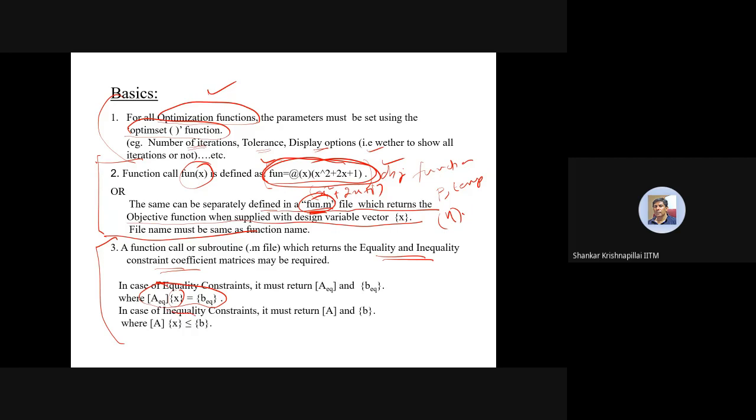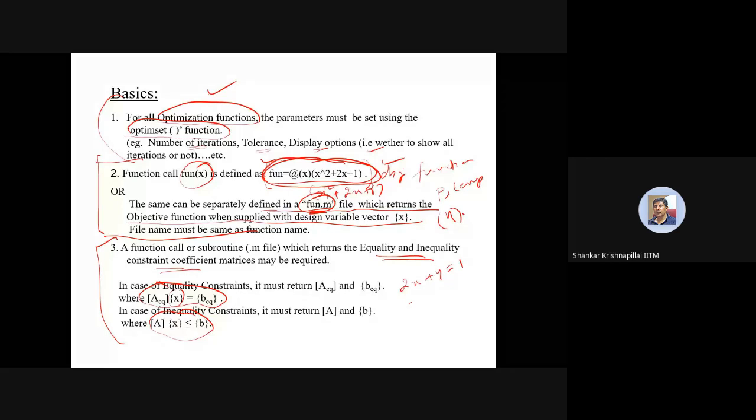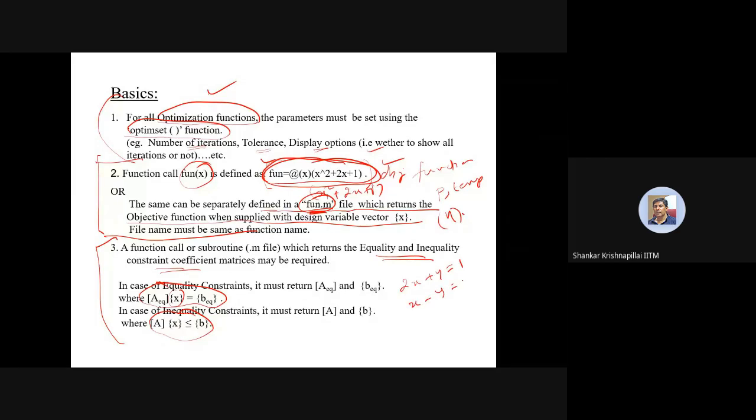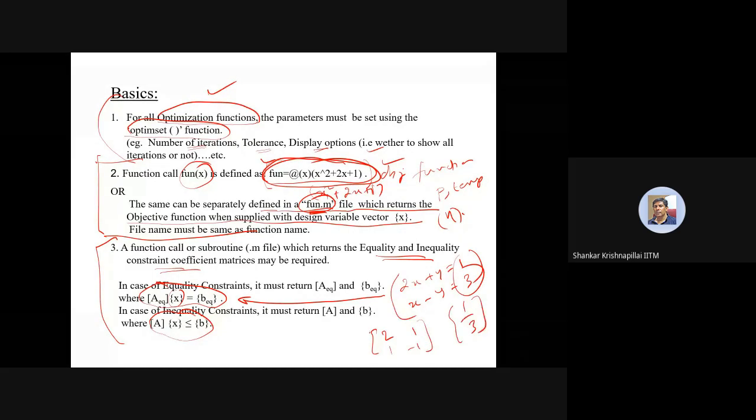For example, I write 2x plus y equals 1, and x minus y equals 3. So this is the vector of equality constraints. The A matrix is [2, 1; 1, -1], and the B matrix is [1; 3]. So this has to be defined here.